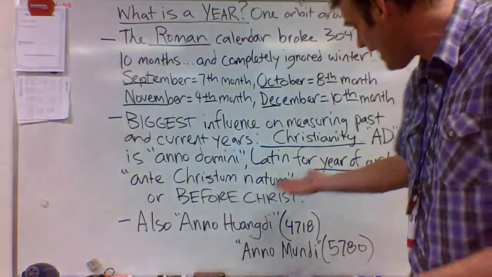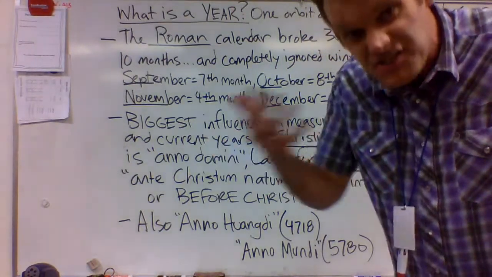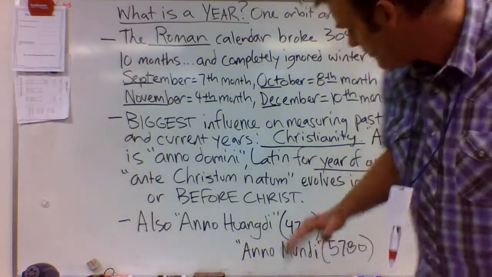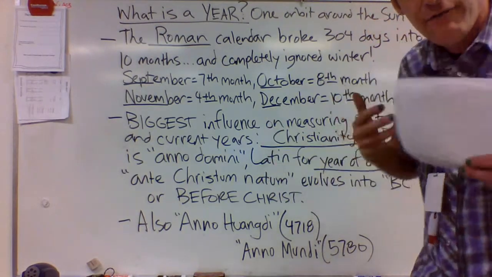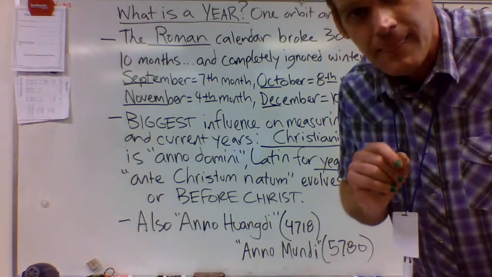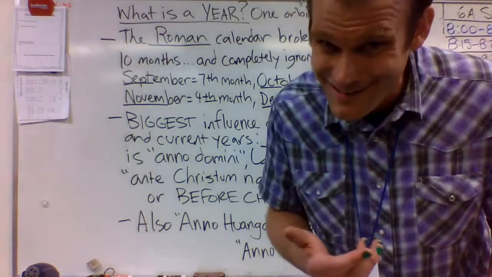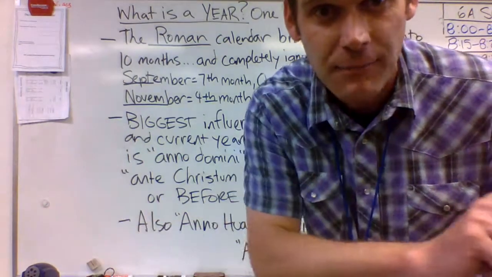I just told you how a religion is the reason why we use this number system for years to this day. This is a cultural phenomenon, but it brings itself into the equation in a big way, okay? Once again, time is a product of our language and of our culture, and it can be different in different parts of the world, okay?